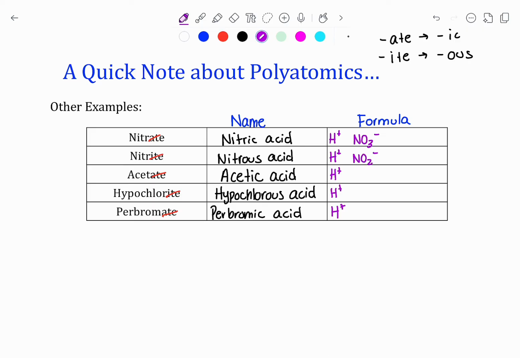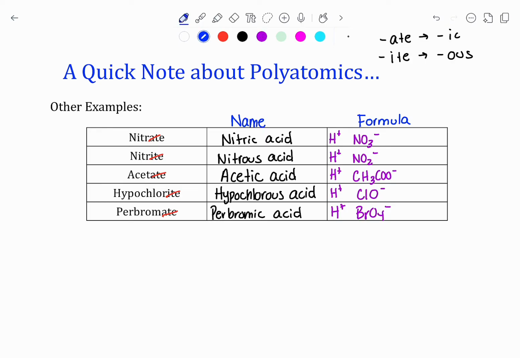Acetate, we have a few different versions that we can write it. You can write it as like C2H3O2 minus as well. Both are accepted. Hypochlorite is ClO minus, and then perbromate is BrO4 minus.